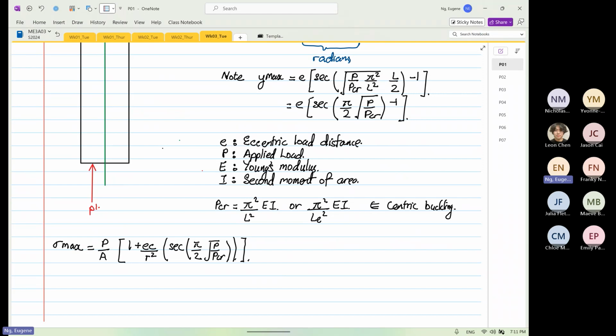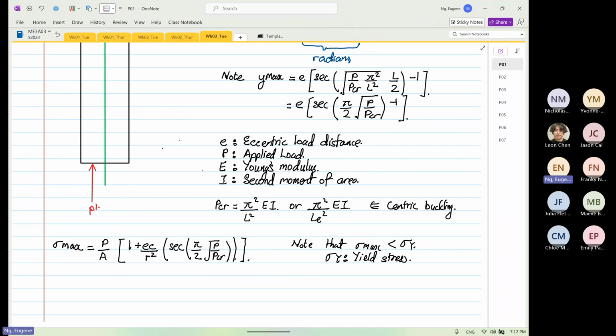We have to ensure that the maximum stress is less than sigma_Y, where sigma_Y is the yield stress.